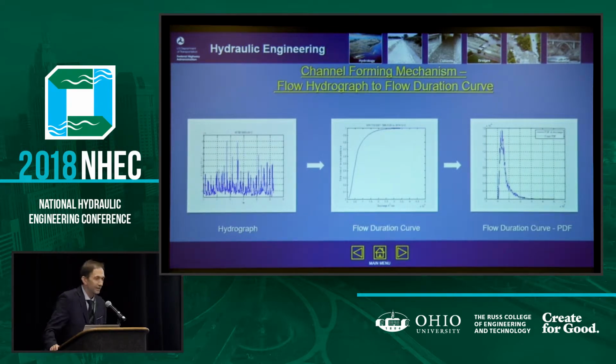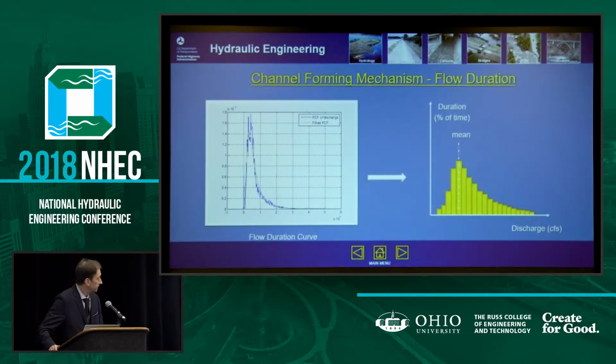So flow duration. The basis is we have a hydrograph, and then you can do a flow duration curve, but the flow duration curve can also be converted into a PDF, or a probability mass function.